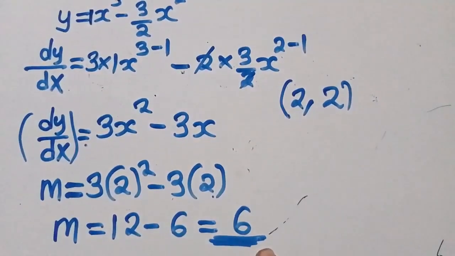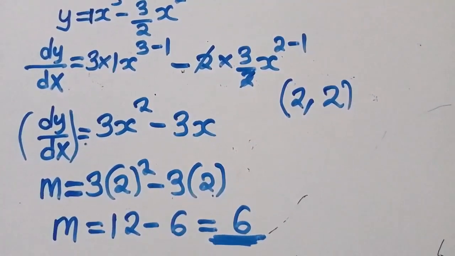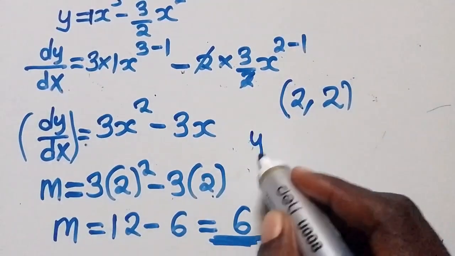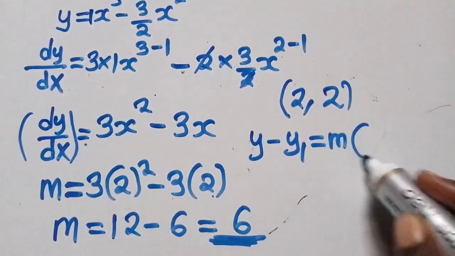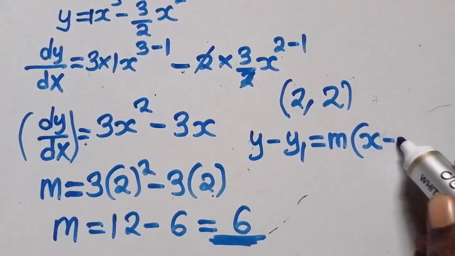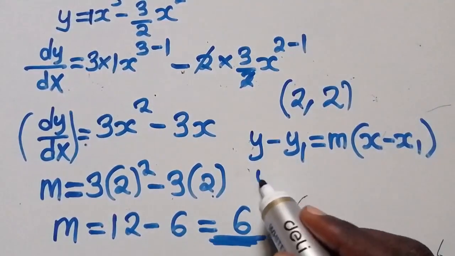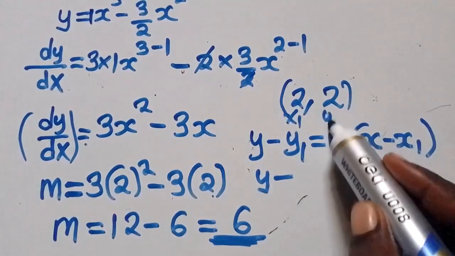And the gradient is here. I've told you that with the first gradient, you can find the equation of the tangent. So you just say y minus y1 is equal to m times x minus x1. You write something like this. This is x1, this is y1.